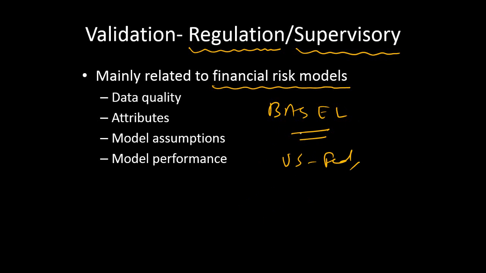They come up with a number of regulations related to the model, and the model has to be validated against these regulations. So regulations could be about data quality. Like if you are not under any regulation, you can use any type of data as long as you are happy that it is able to give you good prediction.